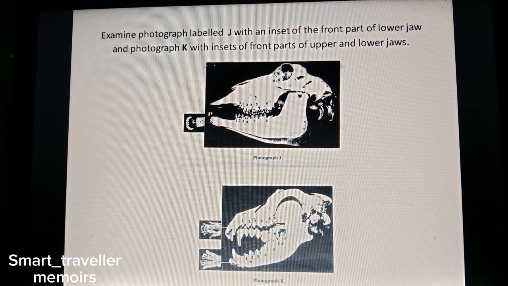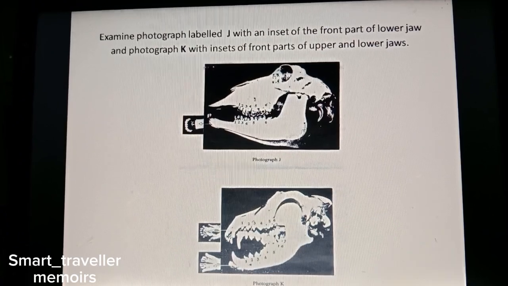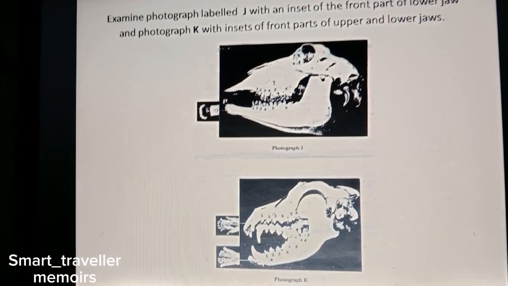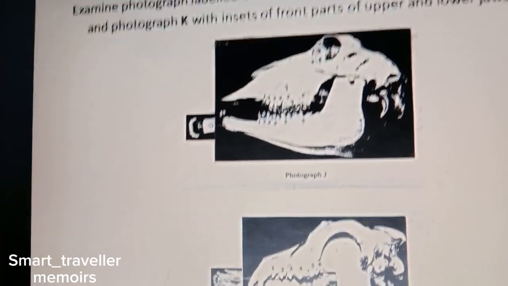Examine photograph J with an inset of the front part of the lower jaw and photograph K with insets of front parts of upper and lower jaws. All right. I don't know whether it is visible to us, but I can take it nearer.